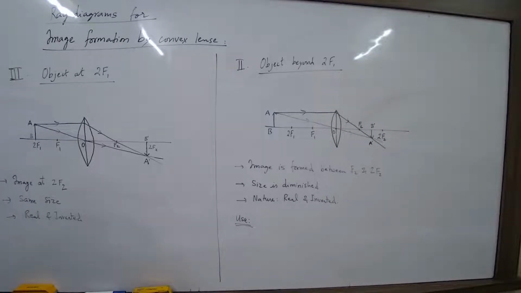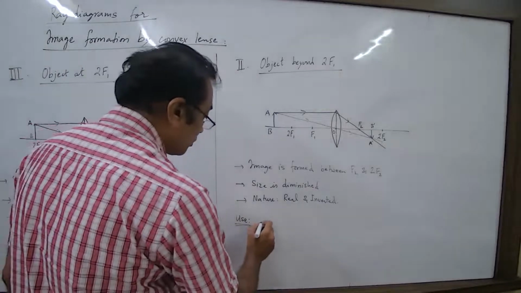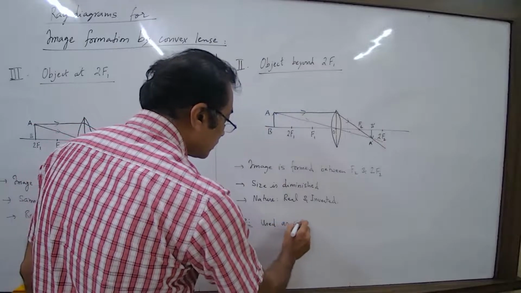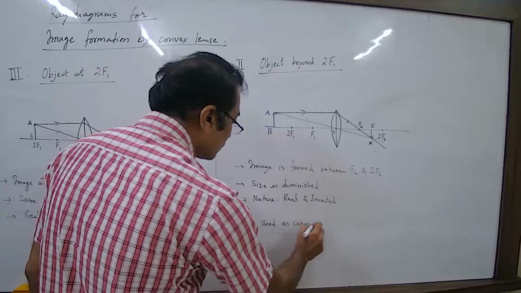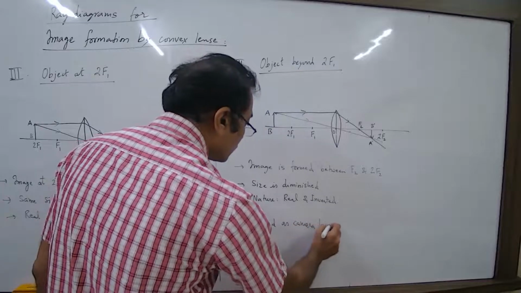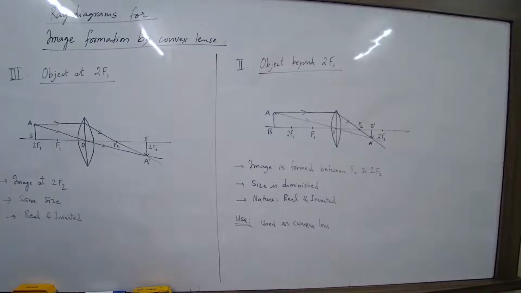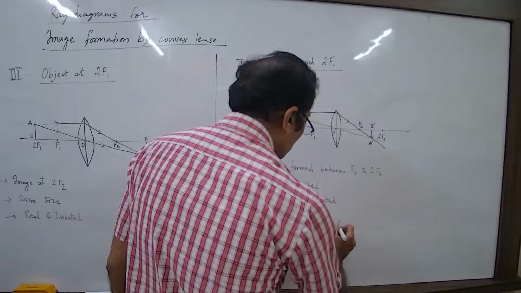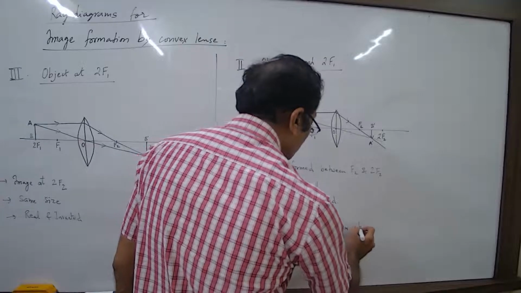What is the use of the second? Camera lens. Used as a camera lens. And the object is not very far because it is just beyond 2F. Object is not very far.